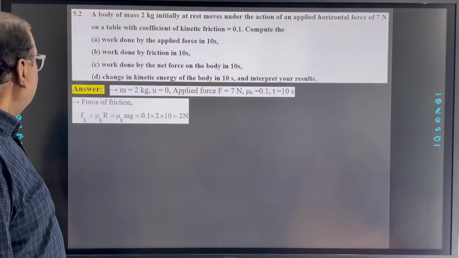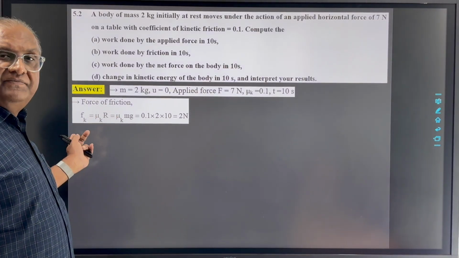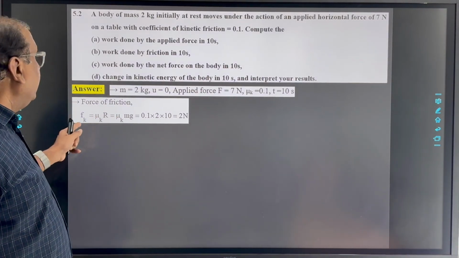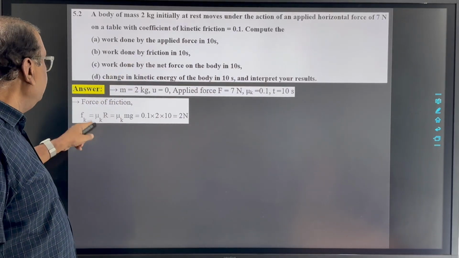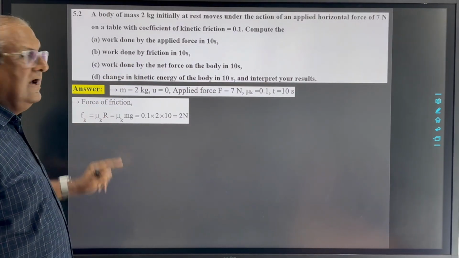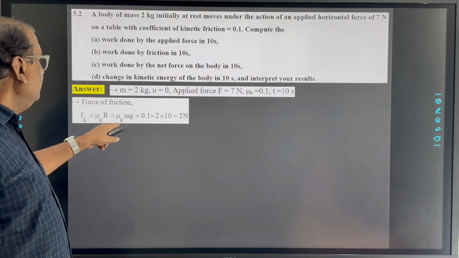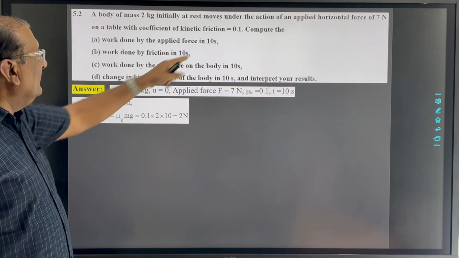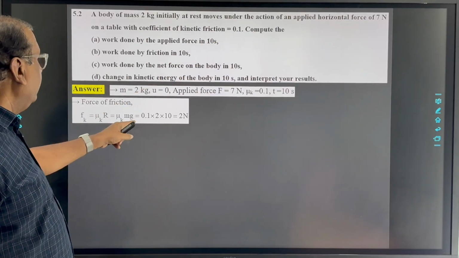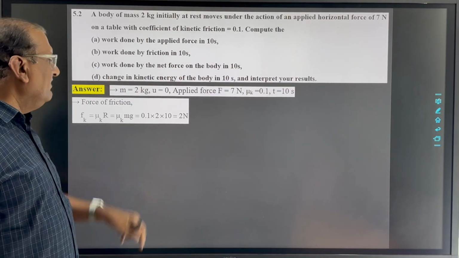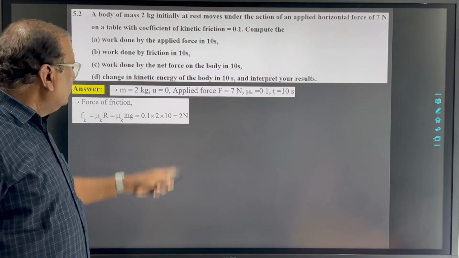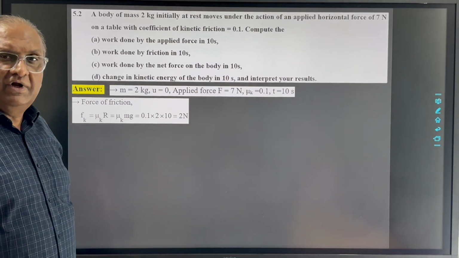So the force of friction Fk, it is kinetic friction, so mu k into R. R is the normal reaction, so that is mg. So mu k into mg, mu k is given to you as 0.1, m is 2, g we can take as 10. So the answer is 2 Newton.